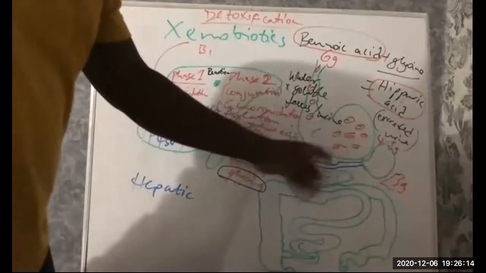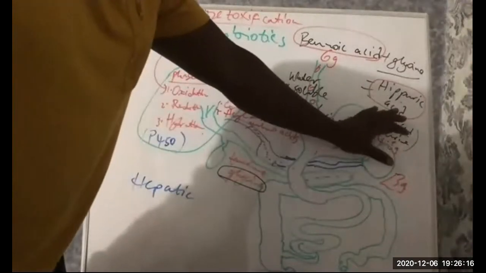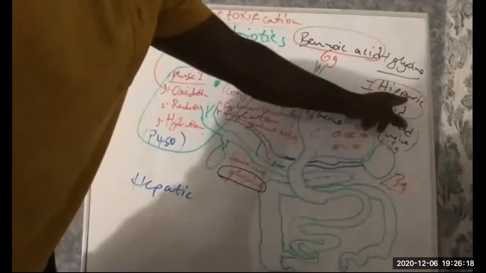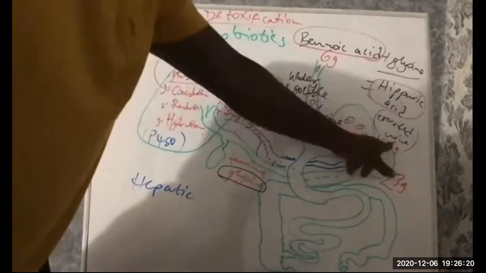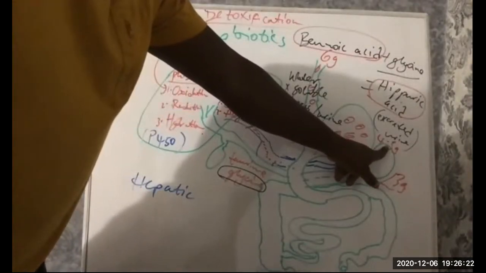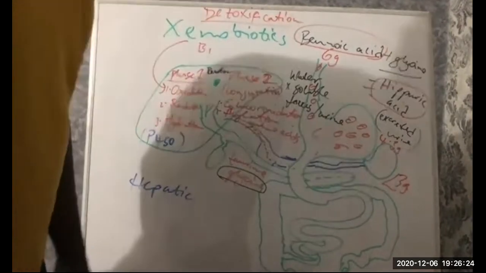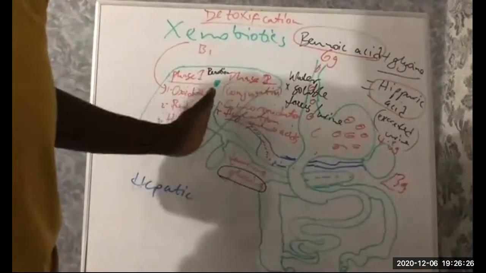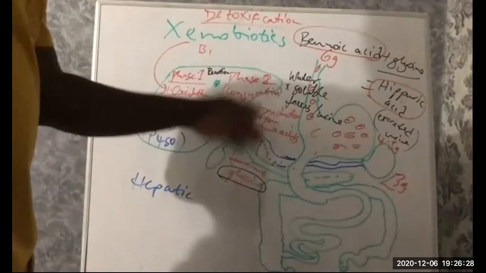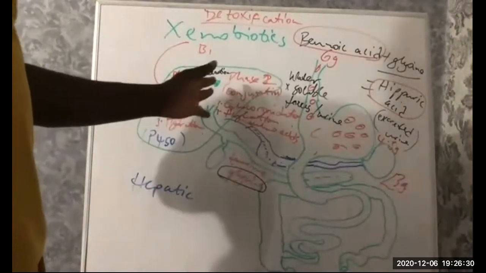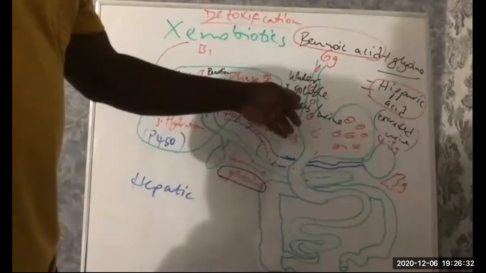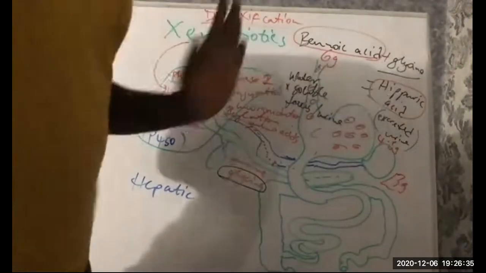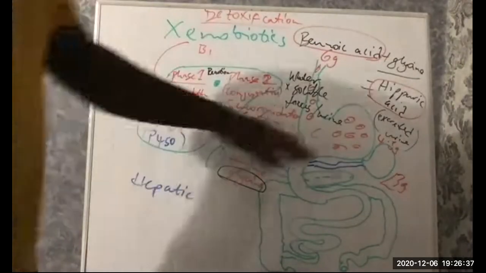And I'm saying that if the benzoic acid content in the urine, which contains that hippuric acid, is above 4.5 grams, then it means that the liver is actually detoxifying properly. That is why most of the benzoic acid was conjugated with glycine to form hippuric acid. Do you understand it? Yes, but sir.